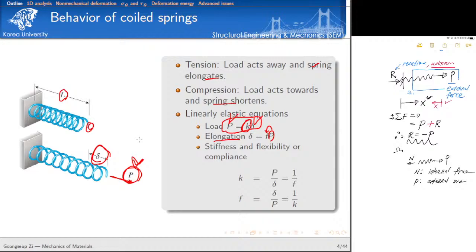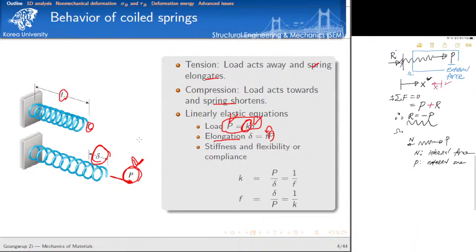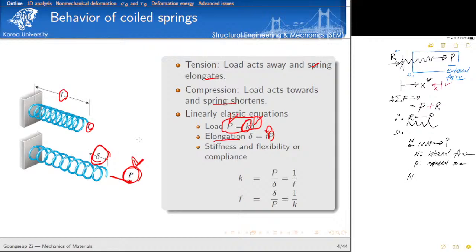This is omega 1. So can you calculate the magnitude of internal force? If you consider the force equilibrium, the magnitude of internal force is equal to force P. So now I want to consider another free body diagram.